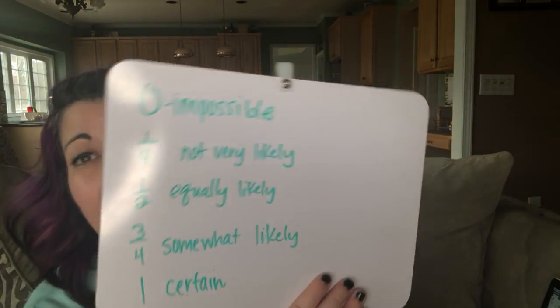If you have a chance that's 1 out of 2 or close to 1 out of 2, it's equally likely to happen. So you have the same chance that it won't happen as that it will happen. And then 3 out of 4 is somewhat likely. And then if you have the probability of 1, it's certain. So if you have the probability of 1, it's certainly going to happen.